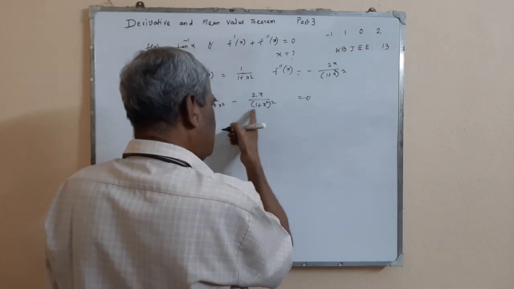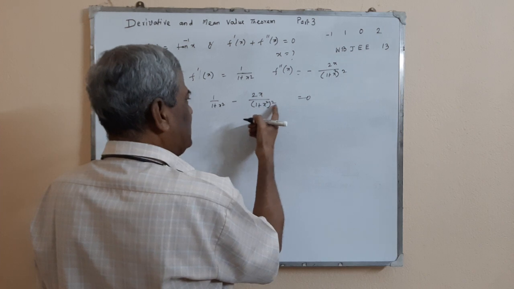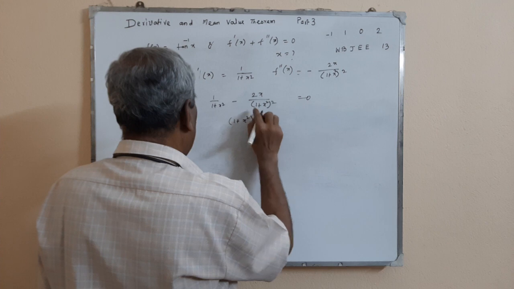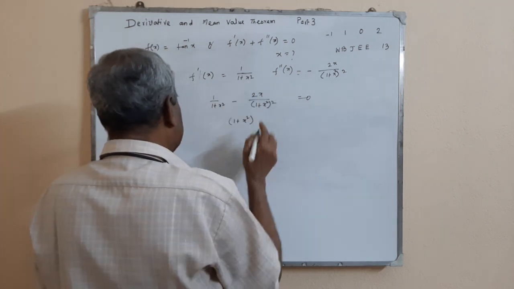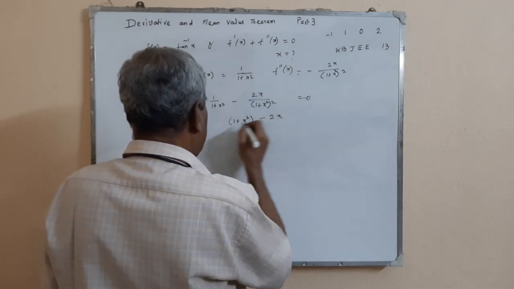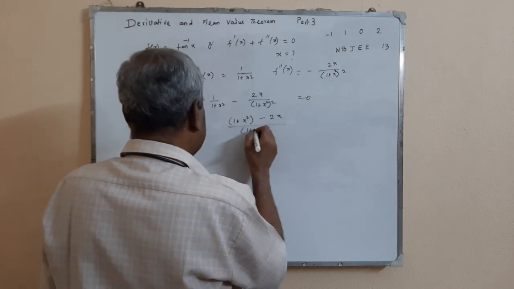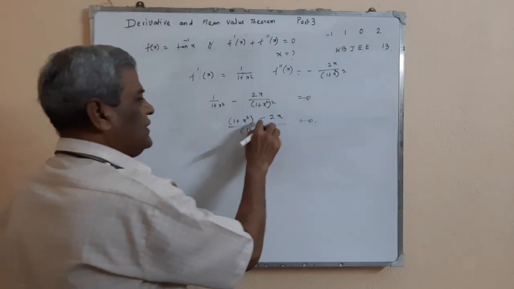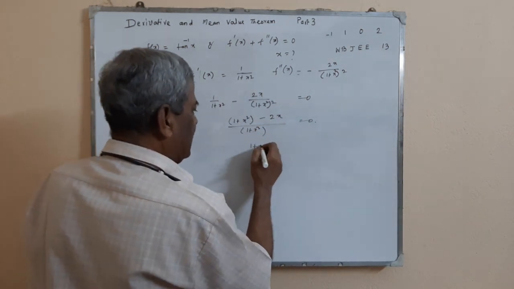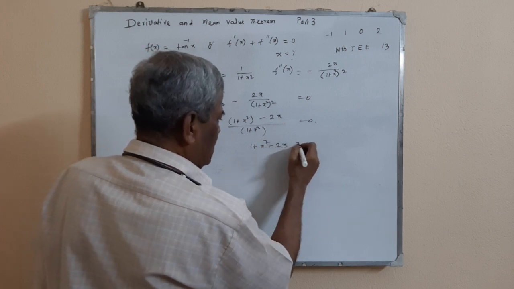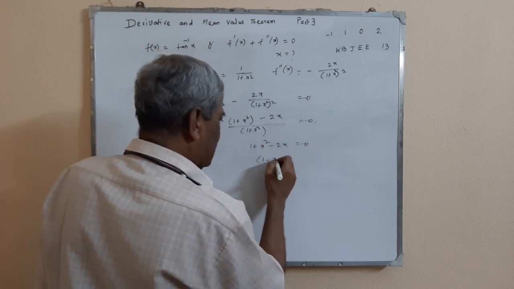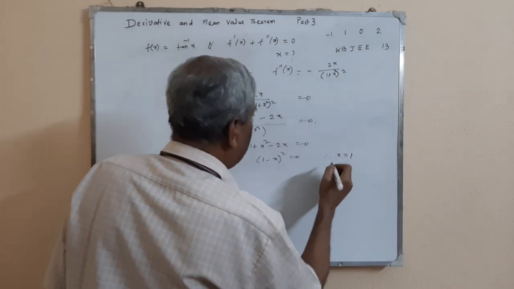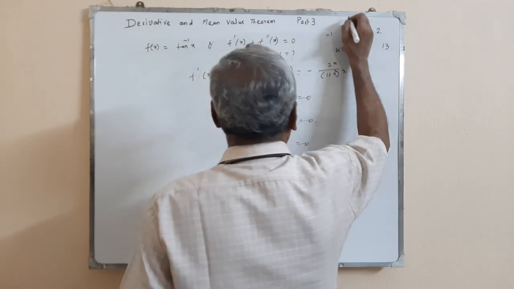Multiplying the whole thing by 1 plus x square whole square, we get 1 plus x square minus 2x is equal to 0, that is 1 minus x whole square is equal to 0, therefore x is equal to 1. So the second option is correct.